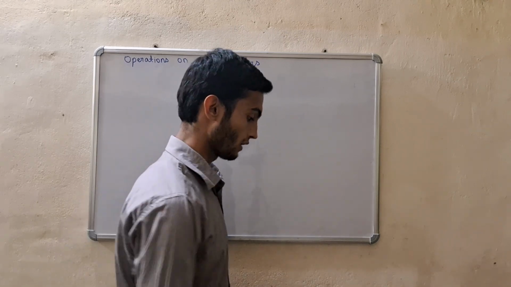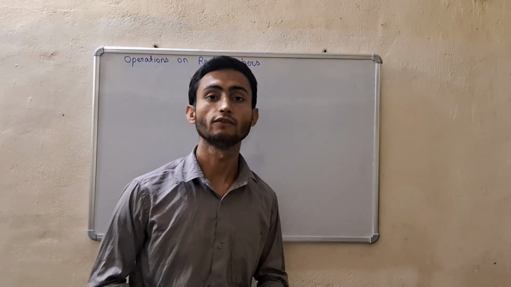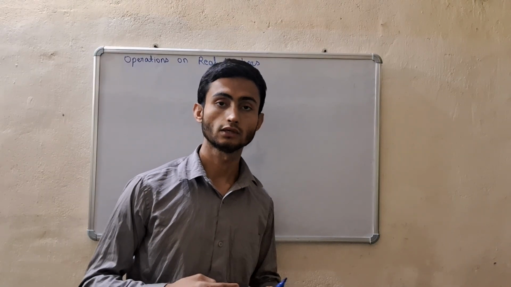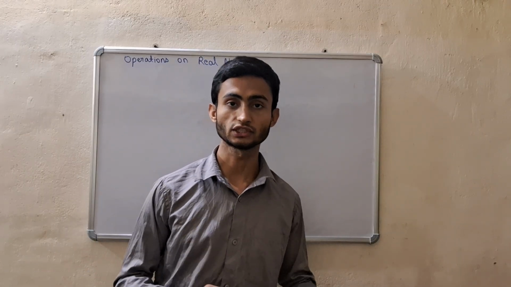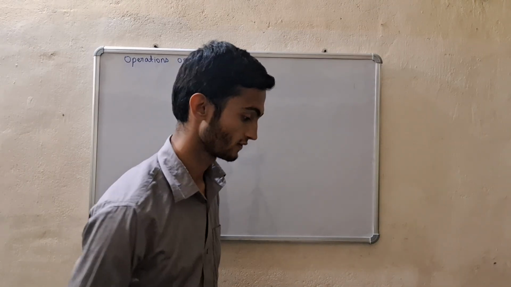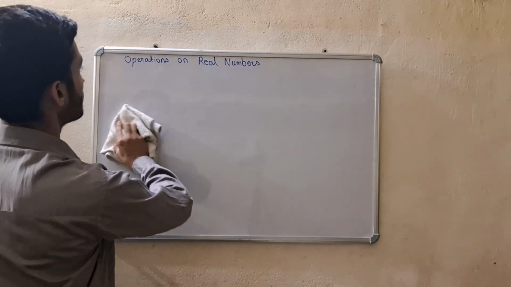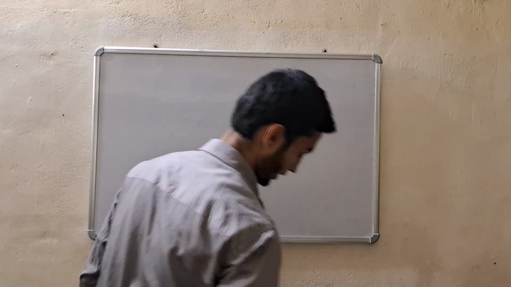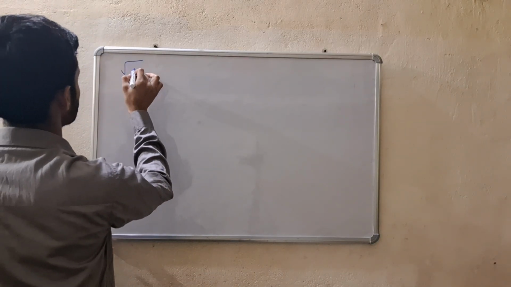Now let's first look at what happens when we add, subtract, multiply or divide an irrational number with a rational number. Let's first check this case. Let's take an irrational number, square root of 5.